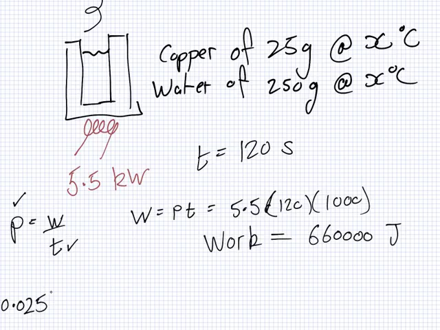And what's the C for copper? 385, is it? And what's the delta theta for copper? 100 minus X. Because at the very end, the copper will be 100, because the water inside is boiling at 100, and the two will be at the same temperature.